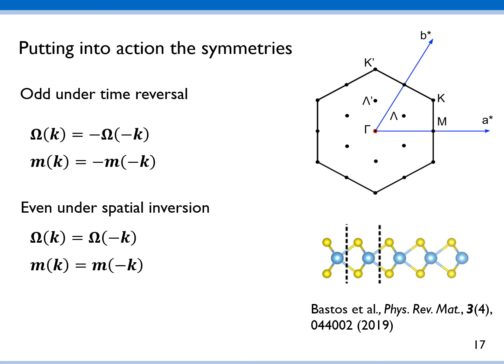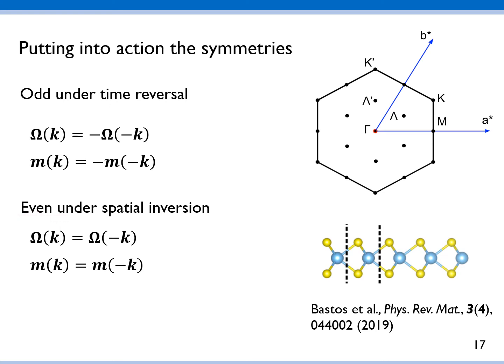Now it's important to consider how they behave under time reversal and spatial inversion. As we saw also in the example before, both the Berry curvature and the magnetic moment are odd under time reversal, and they're even under spatial inversion.